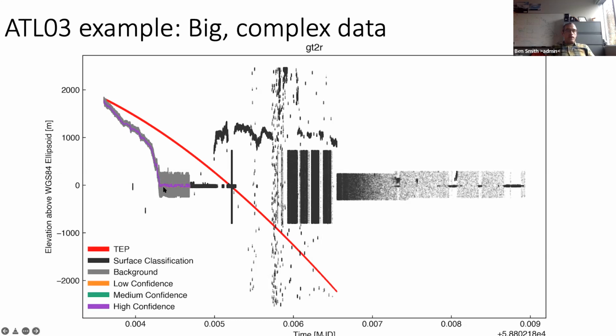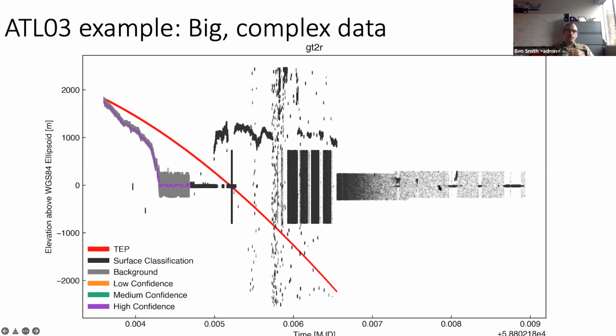But there's also photon classifications. The different surface type specific algorithms classify the data into likely surface, less likely surface, likely noise. And so there's purple here indicating likely surface, and then a bunch of photons that have been marked as noise. Out over the ocean, the ocean algorithm, or the sea ice algorithm, has been used for those. So you can see that there are a lot of photons, some of which probably come from the surface.